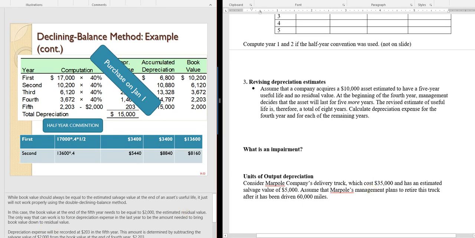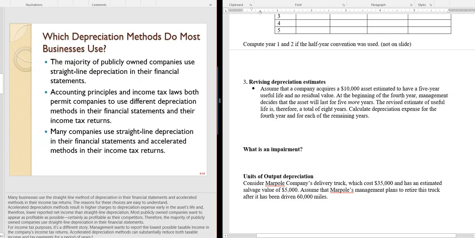Okay, next thing we're going to talk about is, well, you can read through these. Any business that doesn't really file financial statements, that only prepares their income statement for the IRS, and that's the only place they report to, will generally use accelerated depreciation.